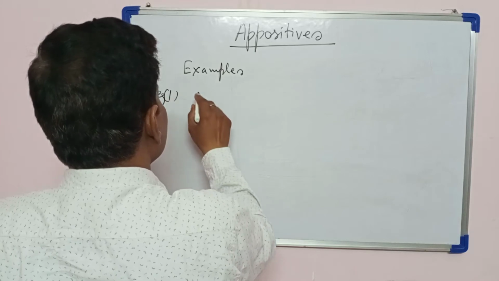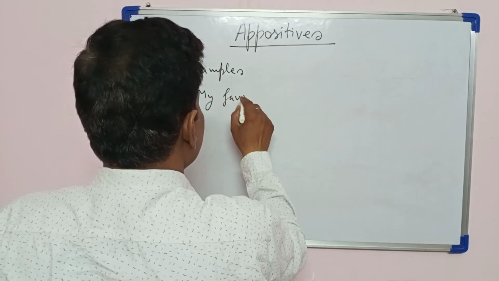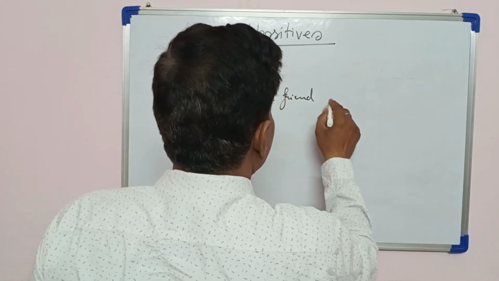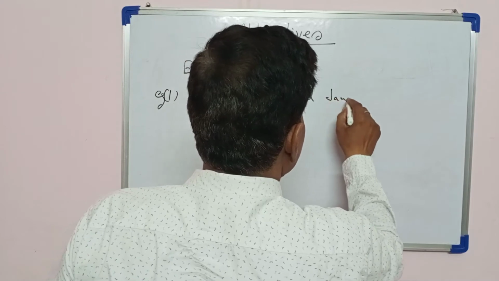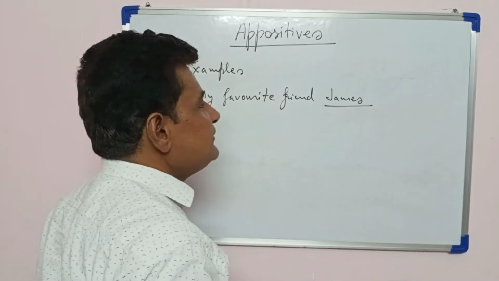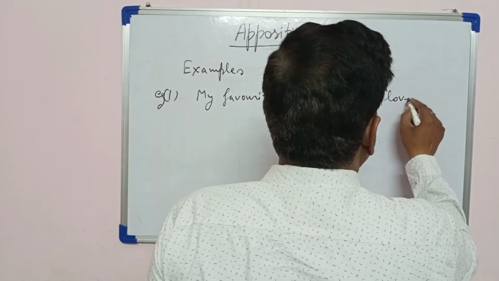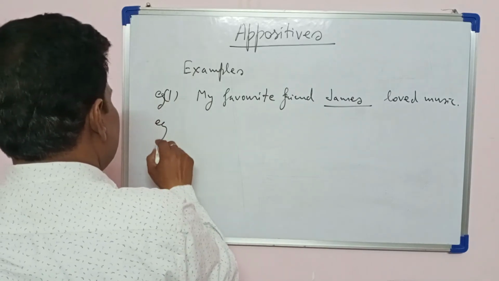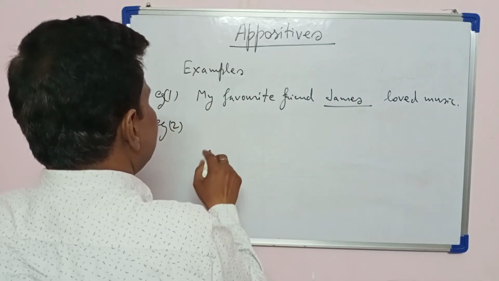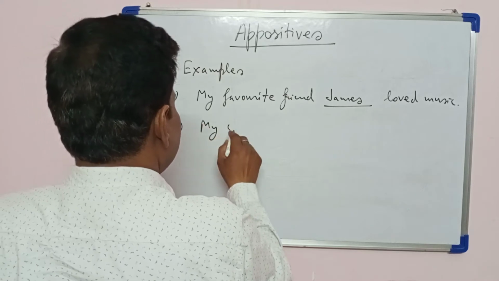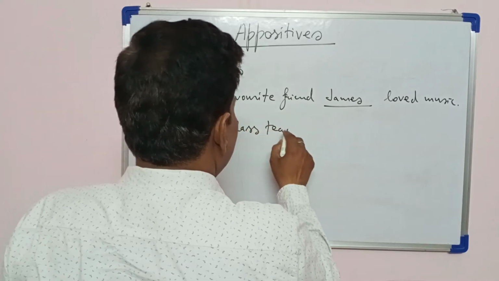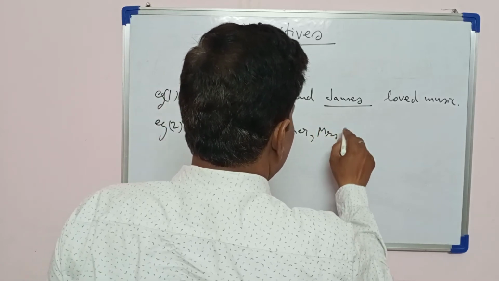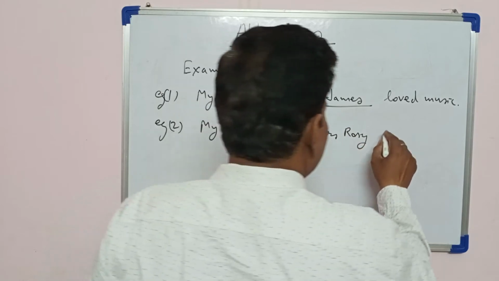First example: My favorite friend James loved music. Second example: My class teacher Mrs. Rosie gave me an assignment.